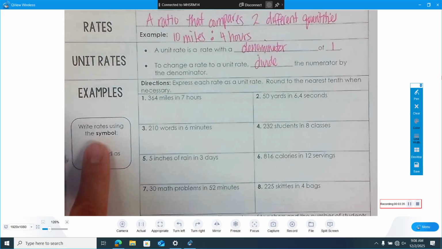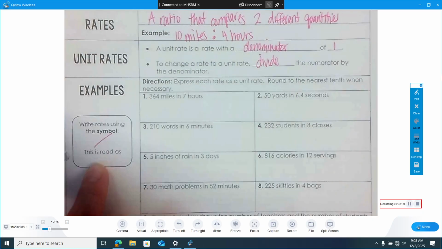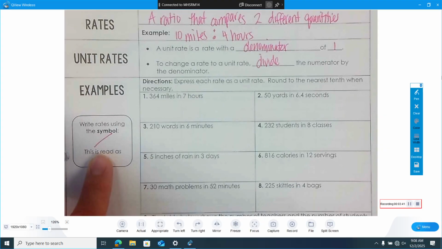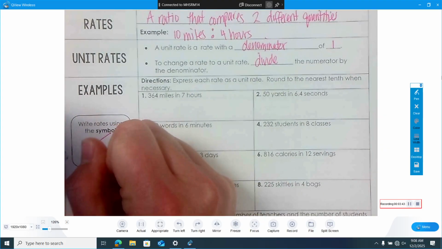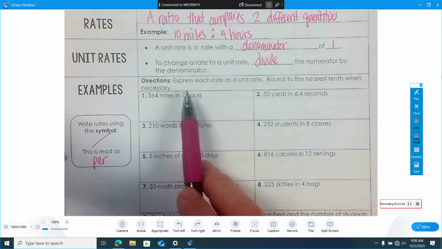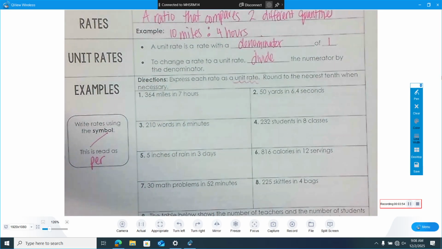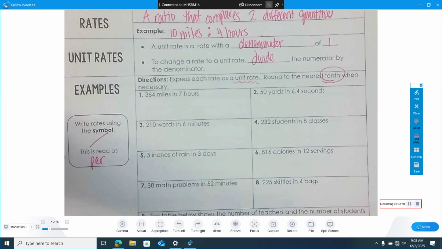So when using rates, the symbol, the slash, is read as per. And per usually just means divide, okay? We want to express each rate as a unit rate and round to the nearest tenth when necessary. So we will have to be a little bit careful when we're rounding.